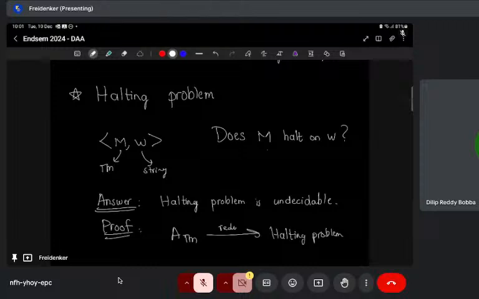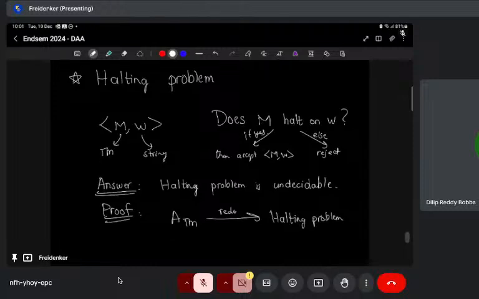So if yes, then accept M comma W, or else reject it. So is there such a machine that answers this problem? The answer turns out to be that it's undecidable. In the sense, there is no decider. Whether there's a recognizer or not, you can think about it.